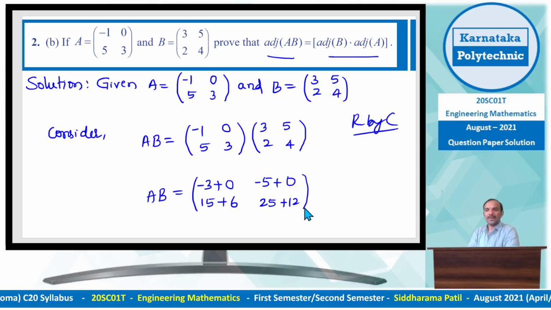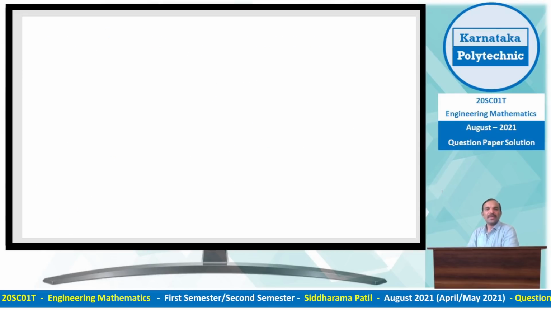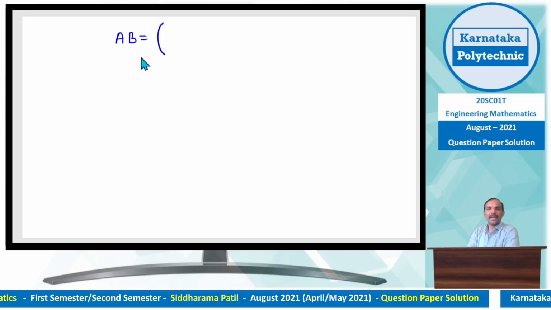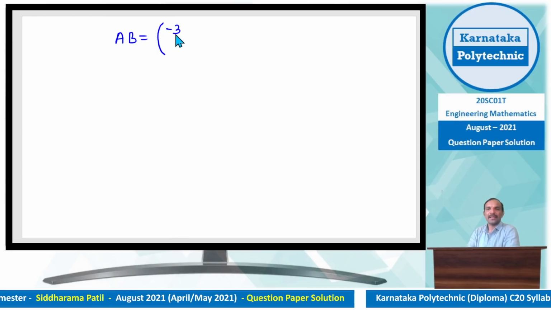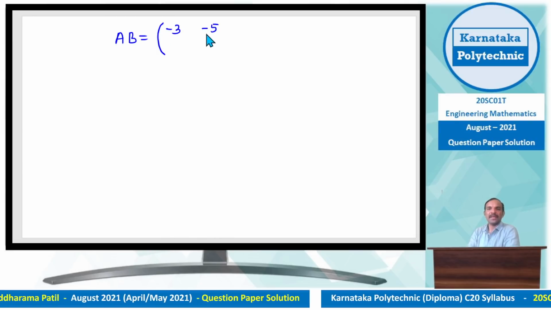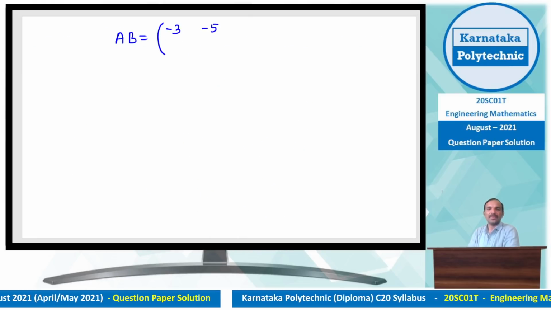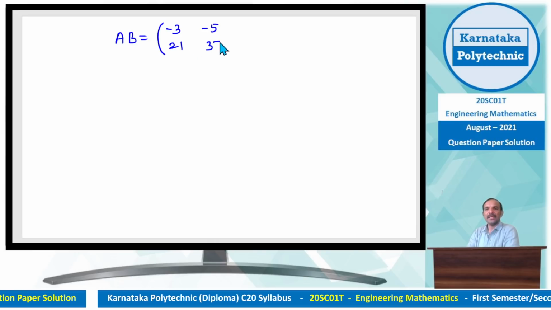Now, simplifying the terms, AB equals, add the elements: minus 3 plus 0 is minus 3, minus 5. Second row: 21, 37.